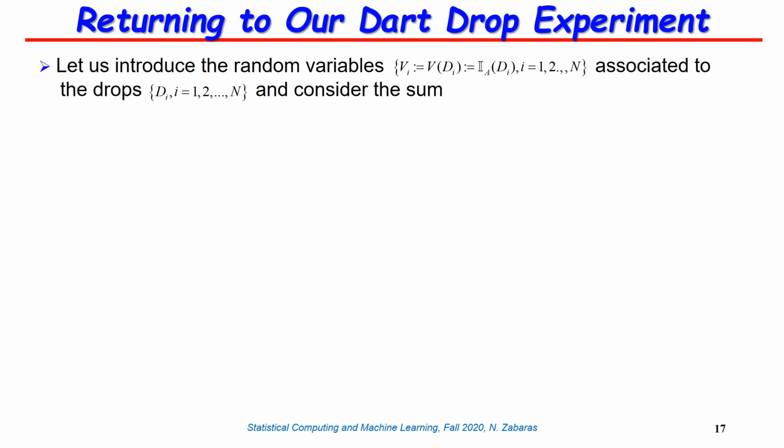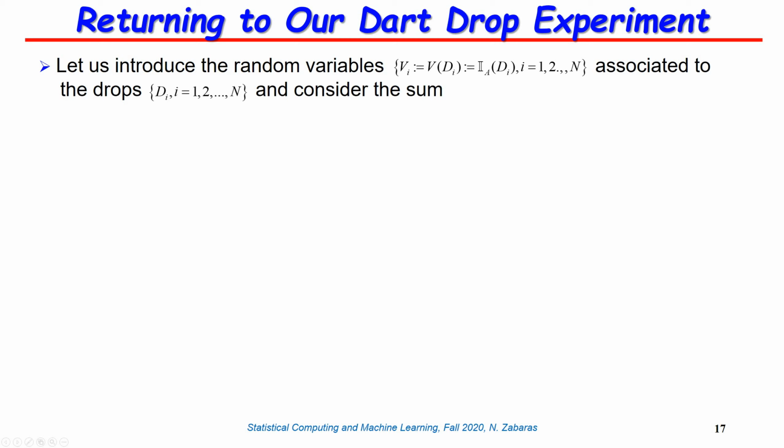So let's go back to this experiment of throwing the darts inside this square uniformly. You remember I took these samples that are these indicator functions for different locations di.